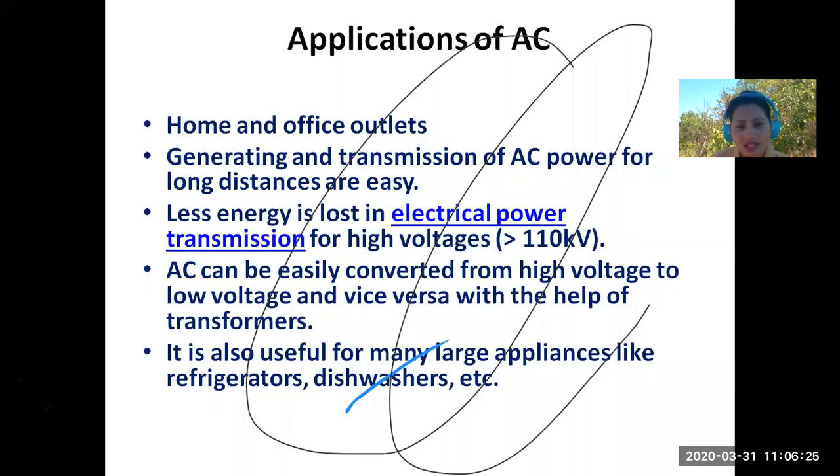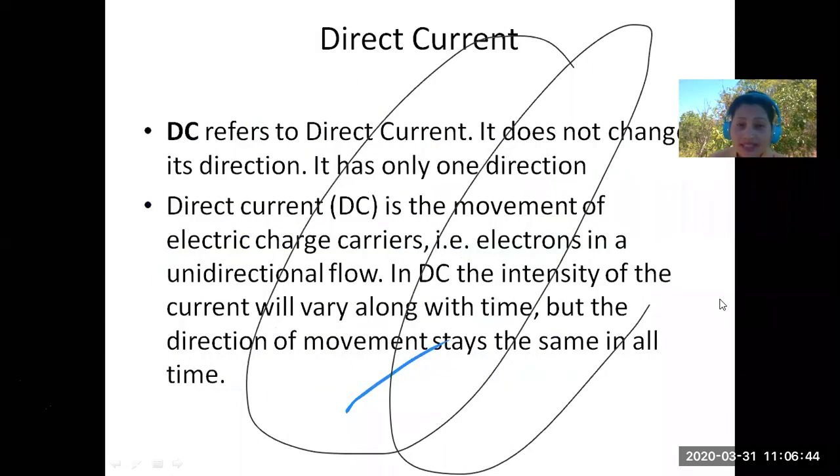It is very useful for many large appliances, like in industries, or a refrigerator, dishwasher, or washing machine. We do not use a battery; we use AC. Now, what does DC mean? Any idea, children?